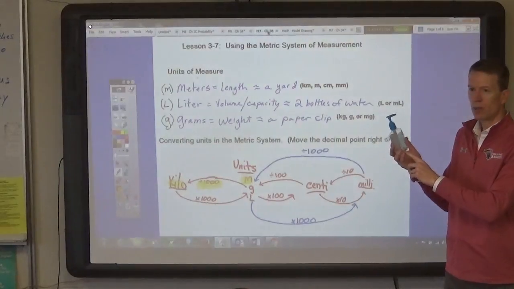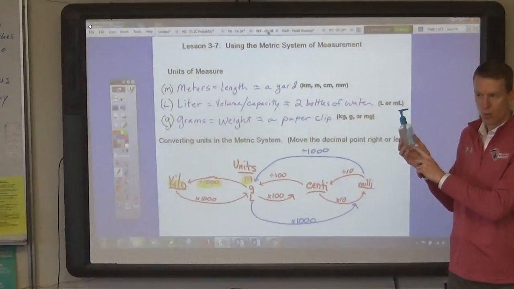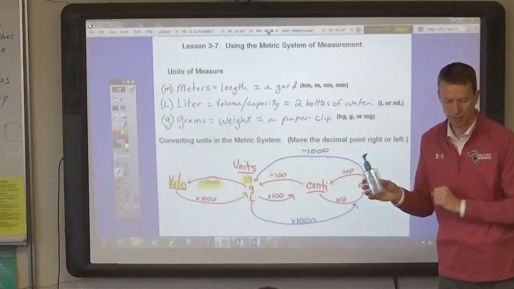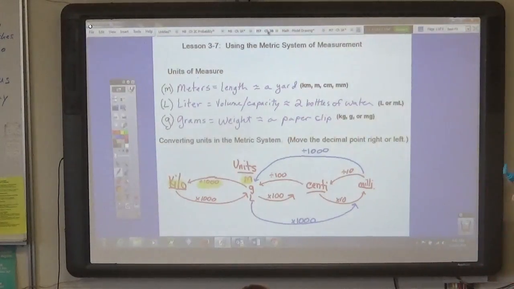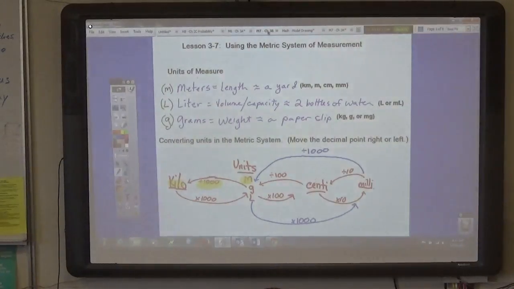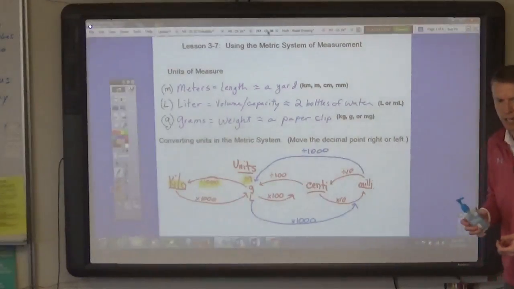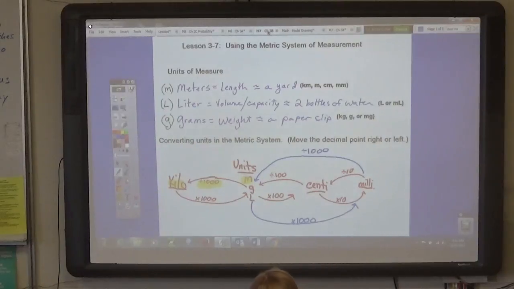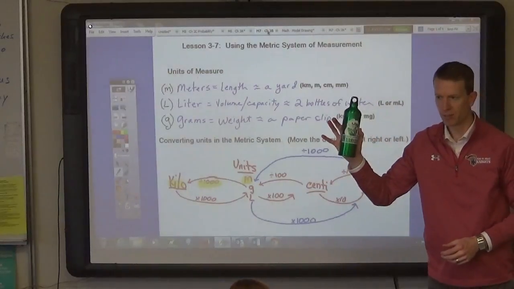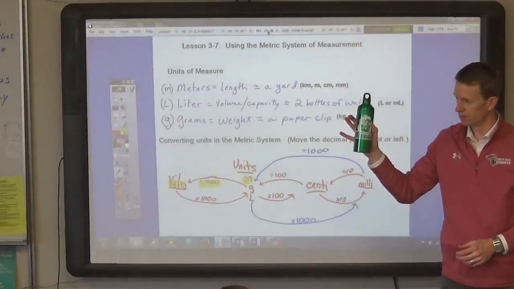And it also lists it in fluid ounces, which is the US measurement for volume. A milliliter is about 2 or 3 drops of an eyedropper. A liter is about the same amount as a water bottle. This is about 1 liter. Okay?